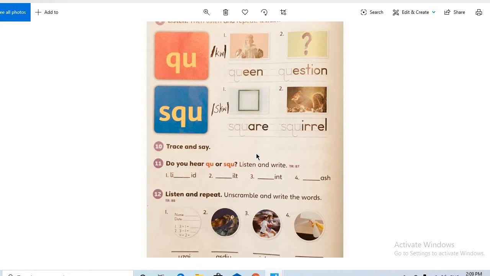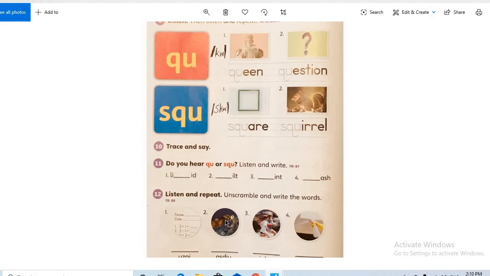Let's review the answers. Number 1 is square. A square is the name of a shape. Number 2, the 2 words that name animals in the picture are squirrel and squid. Number 3, which animal squirts liquid ink?